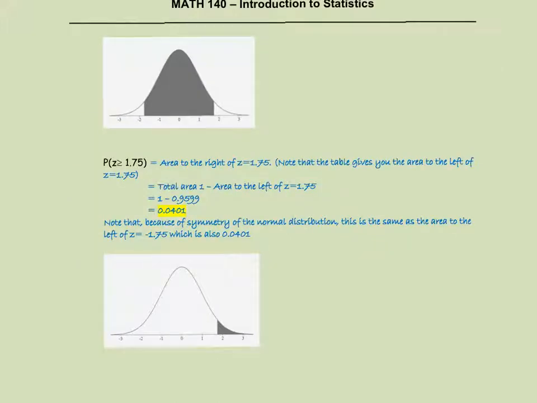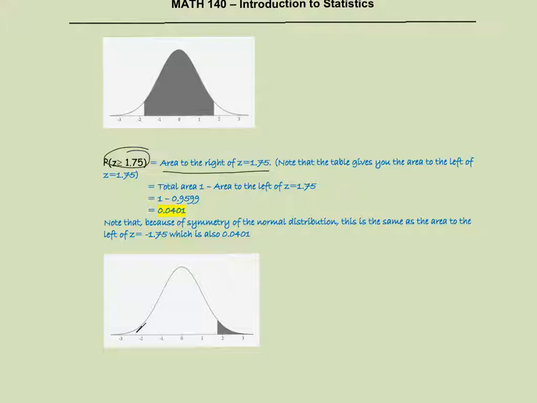Now suppose we want to find the probability of z greater than or equal to 1.75, so we find the area to the right of z equals 1.75. Remember that the table gives us the area to the left of any z value, so we know that the area to the left of 1.75 is 0.9599, from the table.